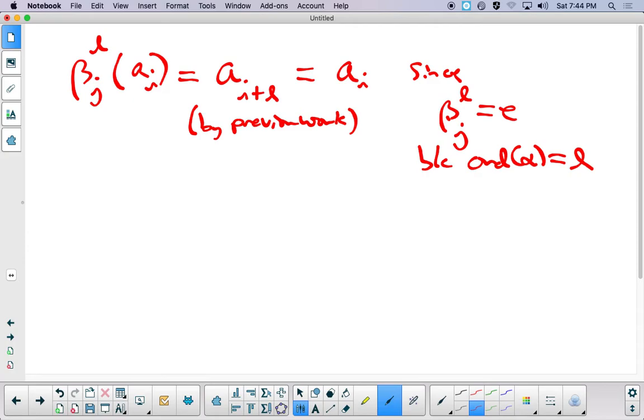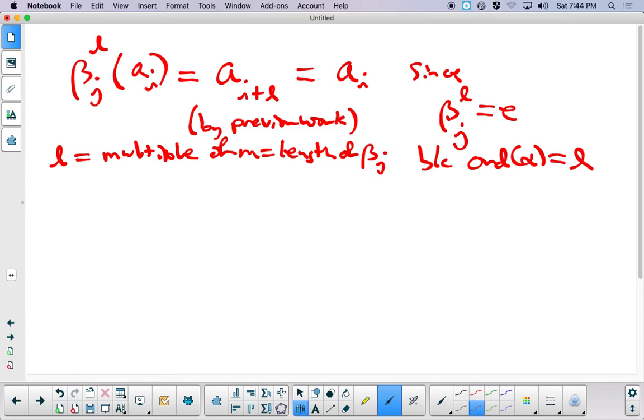And so what does this tell me? Well, this tells me that L has to be a multiple of m, the length of beta j. And so what does this really mean?